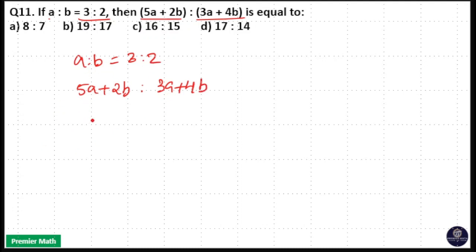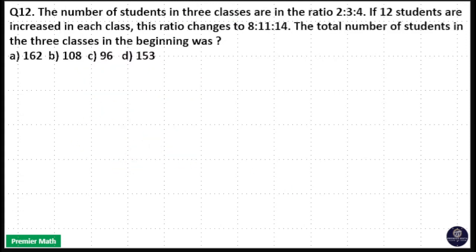That is, 5 into 3, 15 plus 2 into 2, 4 is to 3 into 3, 9 plus 4 into 2, 8. That means 19 is to 17. So option B is your answer.